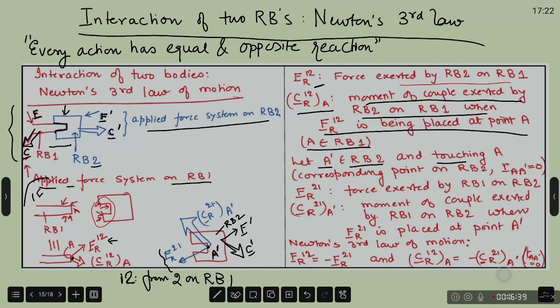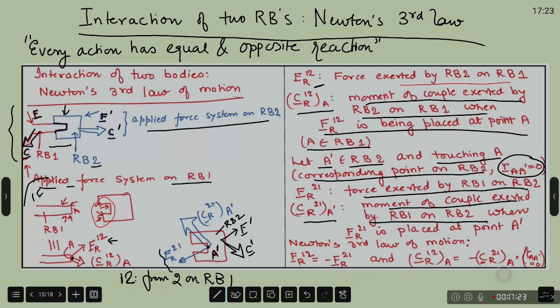So physically they are at the same location. This is what it means: R_AA prime is 0. Physically they are at the same location, but they are distinct points because they belong to two different RBs. And then I am using the symbol Fr21 as the force exerted by RB1 on RB2, and Cr21 at A prime is the moment of couple exerted by RB1 on RB2, where Fr21 is placed at point A prime. So these are just the symbols for my understanding.